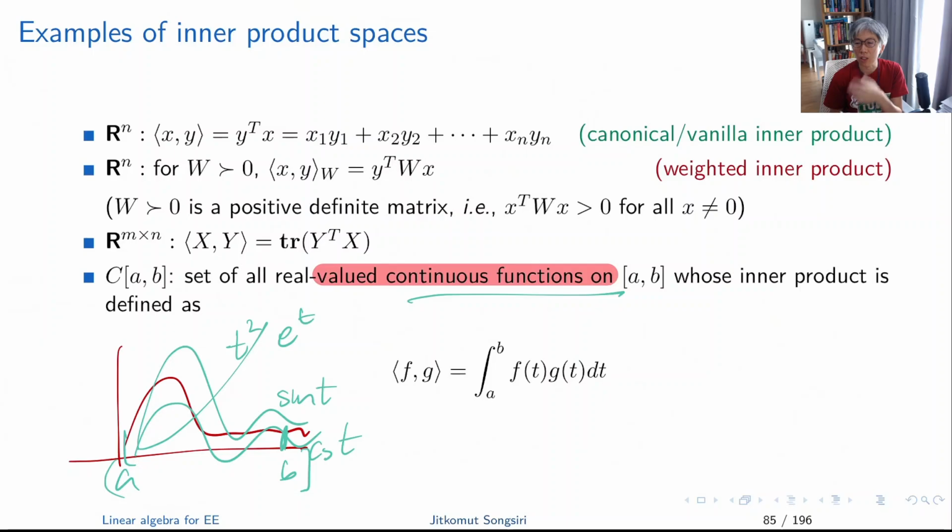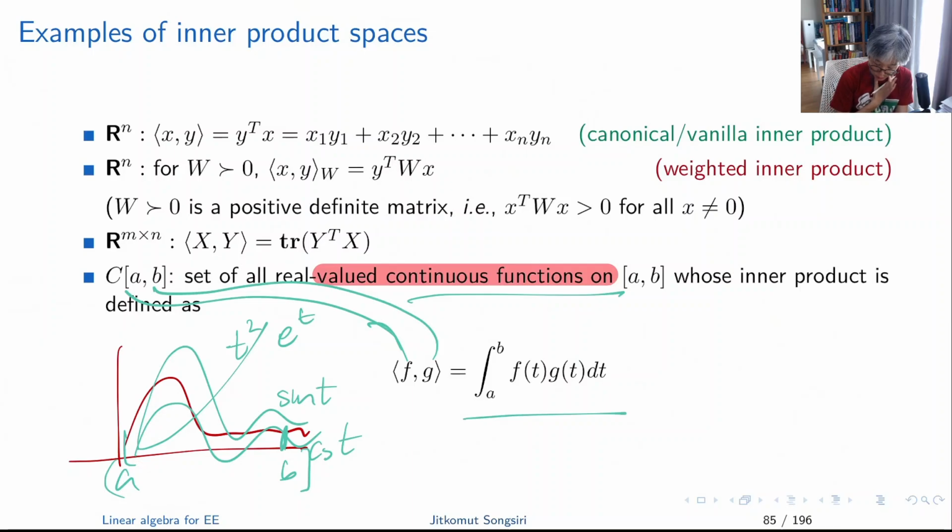That set is a vector space. But now, can you define an inner product? I can take f that belongs to this set, and another function g that belongs to this set.